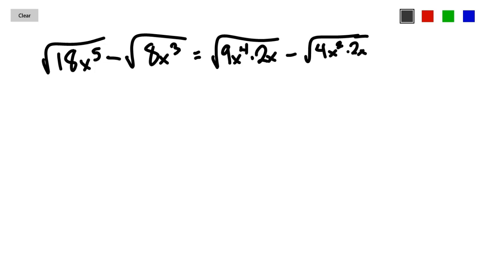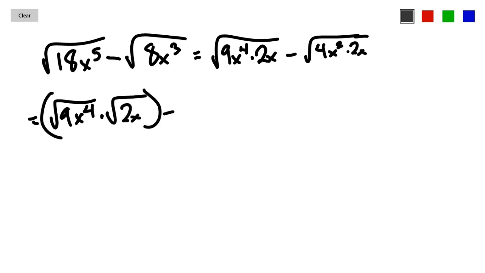And now that I've rewritten the radicals as products, I can separate them. So this is the same as me writing the square root of 9x to the 4th times the square root of 2x minus the square root of 4x squared times the square root of 2x.